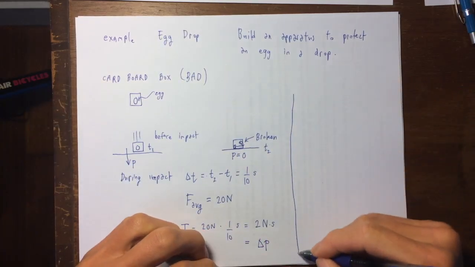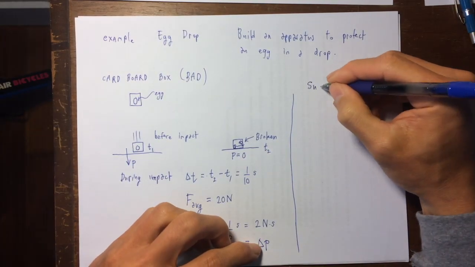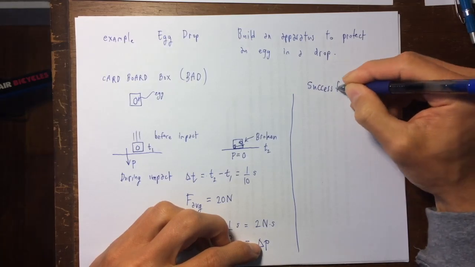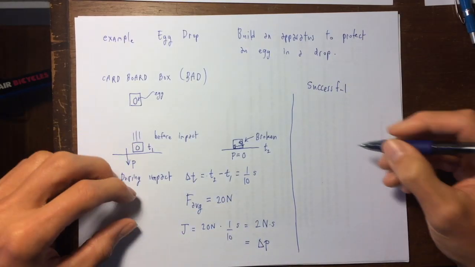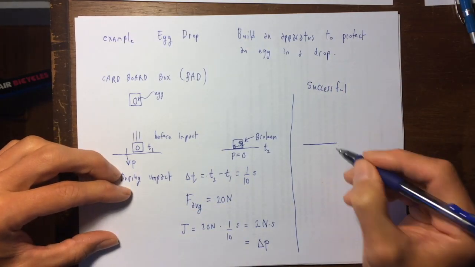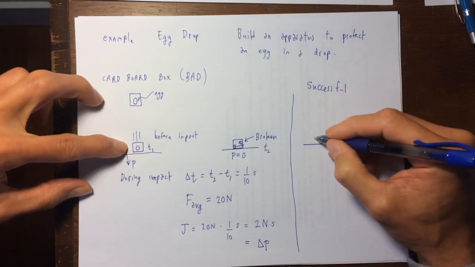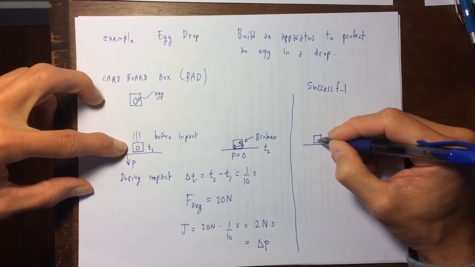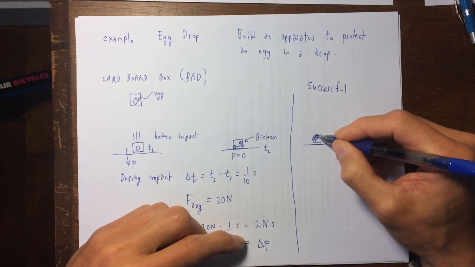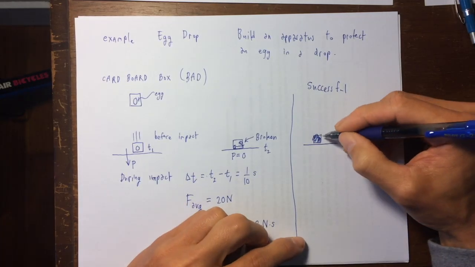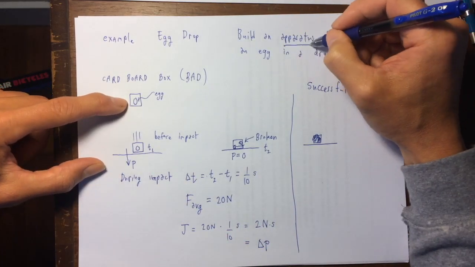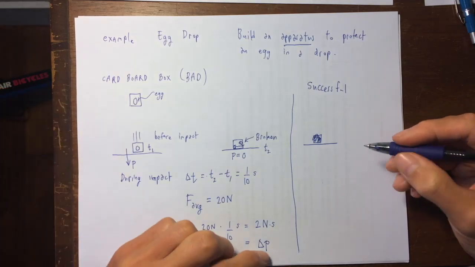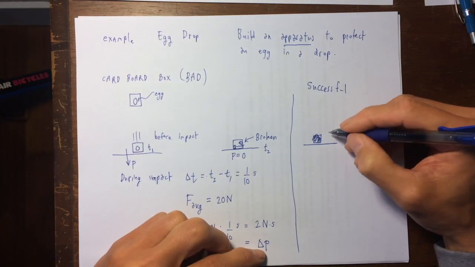On the other hand, a successful version of this is to change the shape of the engineered apparatus to being something of a cone.